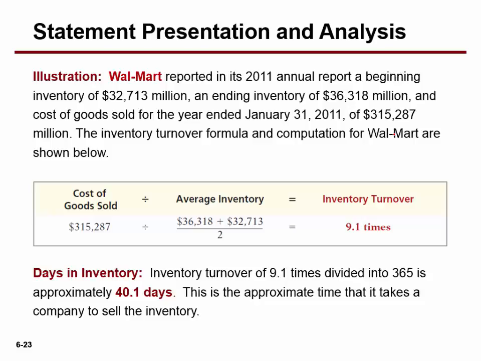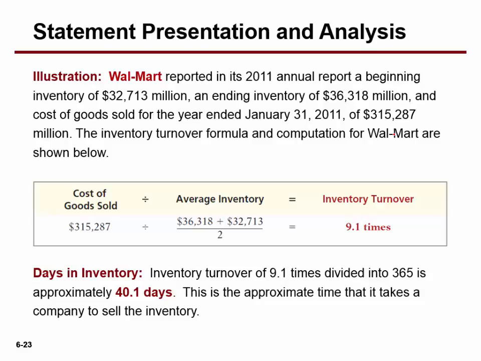Let's say this company has 36,318 of beginning inventory, 32,713 of ending inventory. They divide that by 2. That gives us our average inventory, right? Then you divide that into your cost of goods sold, and that means they turn their inventory over 9 times, right?